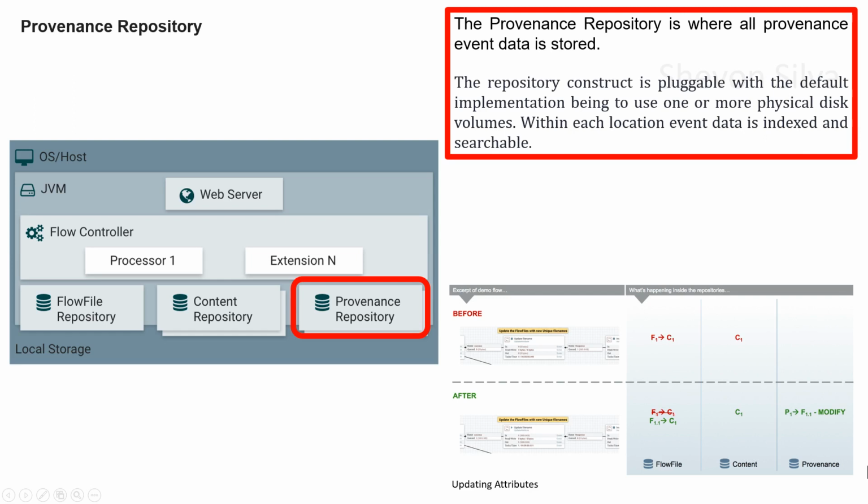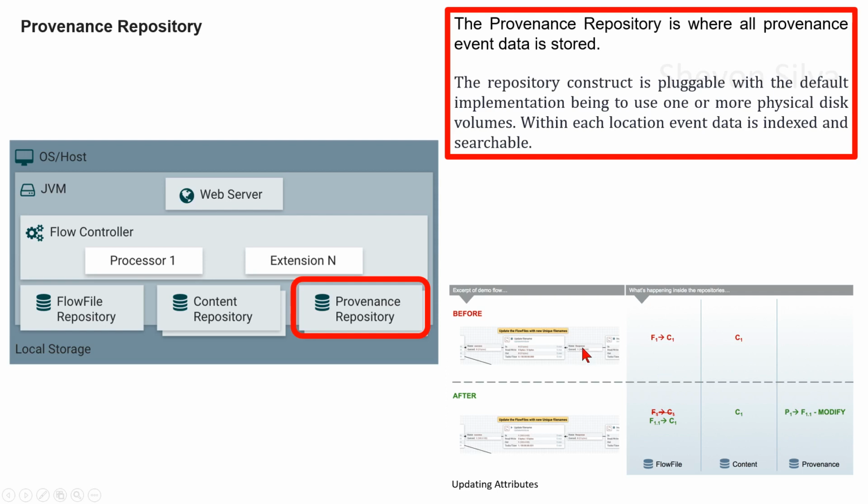So we must extract the URL from the content of the flow file and place it as an attribute. This way we can use expression language to reference this attribute in the URL property of InvokeHTTP in this example.